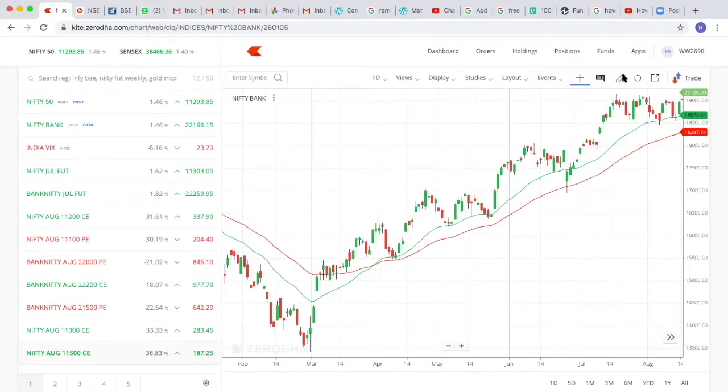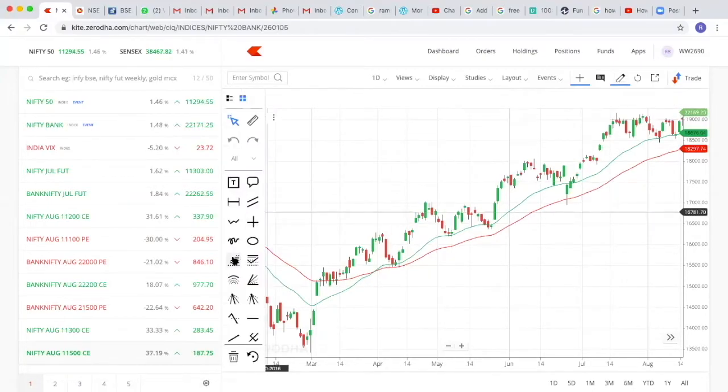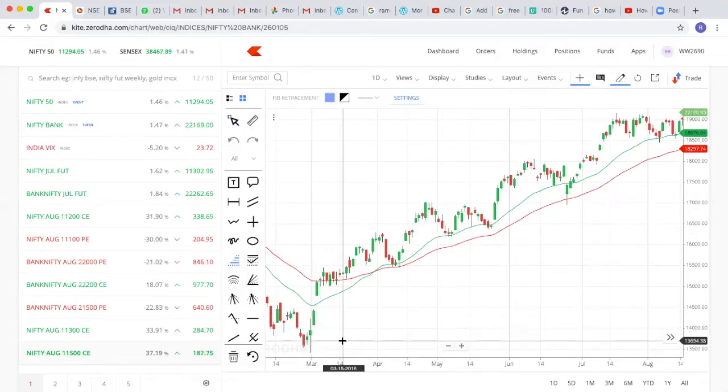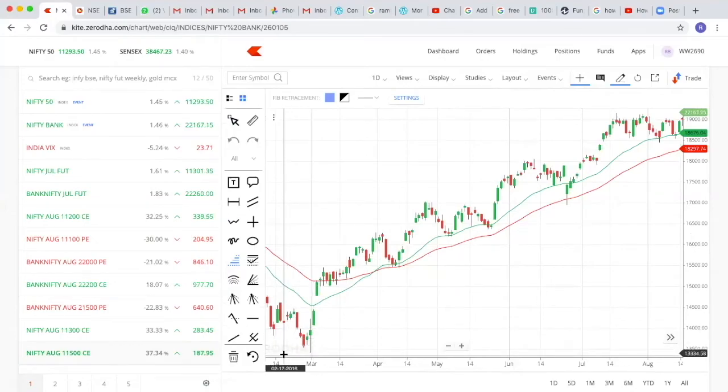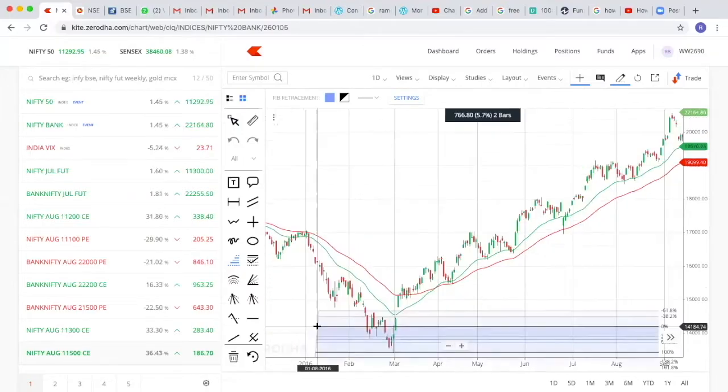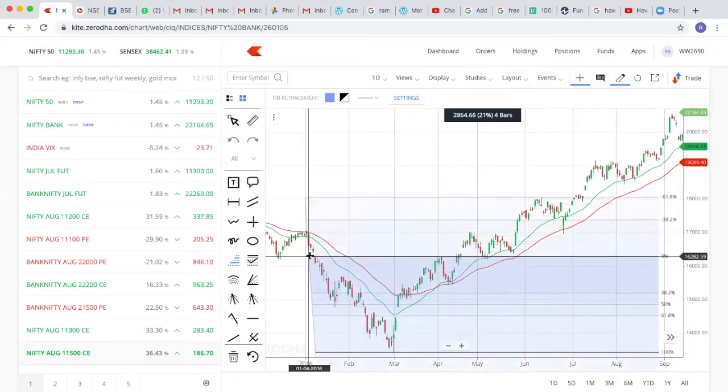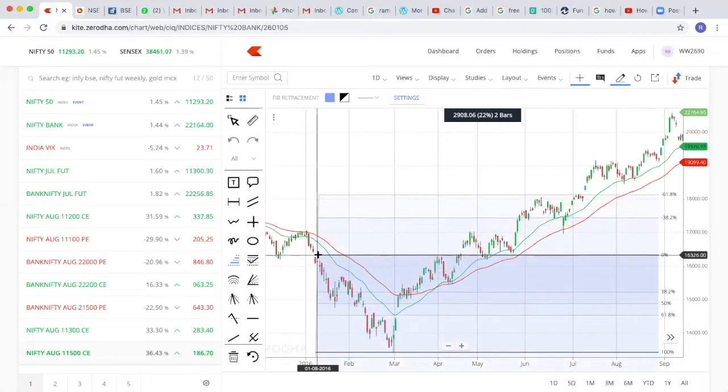So how to draw Fibonacci, I'll just show you. You have to go to this option called draw, and here you can see Fibonacci retracement. For example, this is the swing on the upside. When it is on the upside, you have to draw the Fibonacci from bottom to top. So bottom over here, and this is the top.